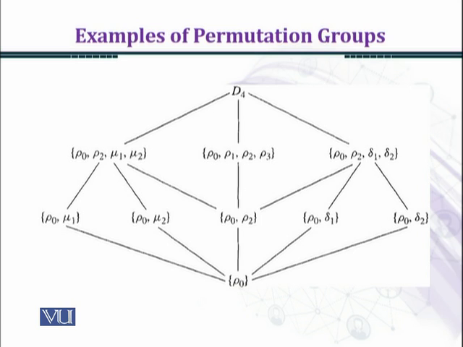So this is a Klein 4 group: rho naught, rho 2, mu 1, mu 2, and also rho naught, rho 2, delta 1, delta 2. These are the Klein 4 groups, and rho naught, rho 1, rho 2, rho 3 is the cyclic group.